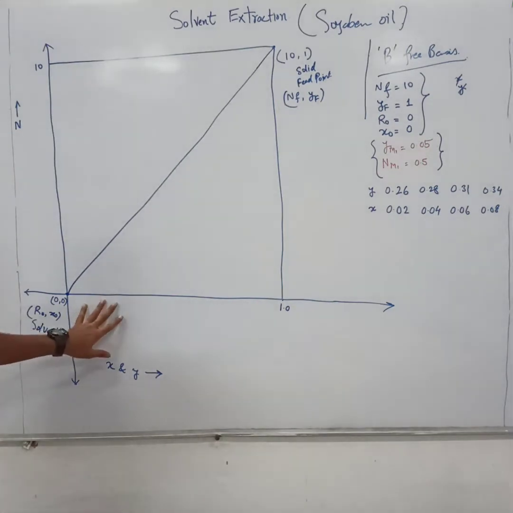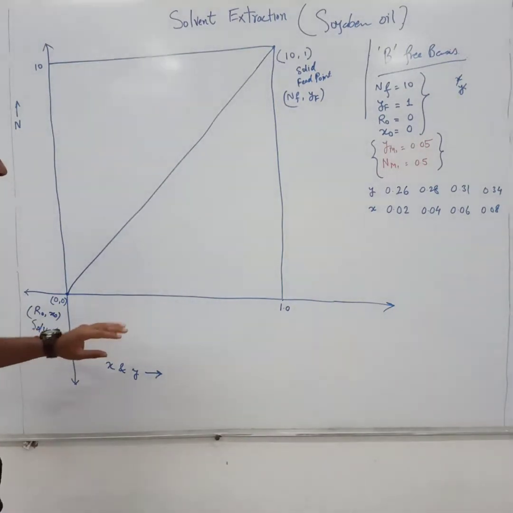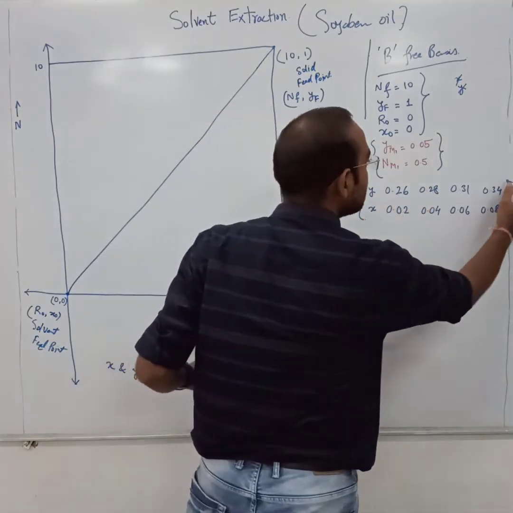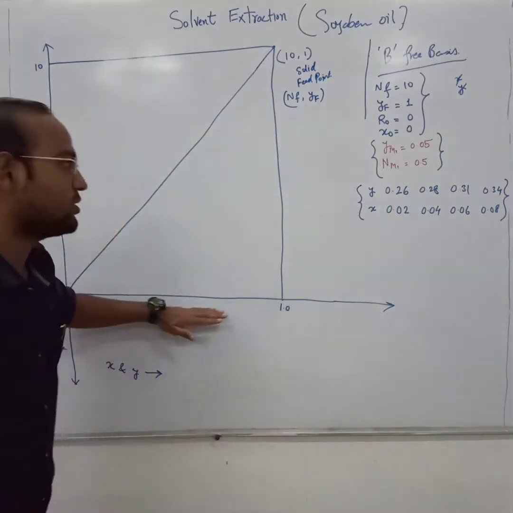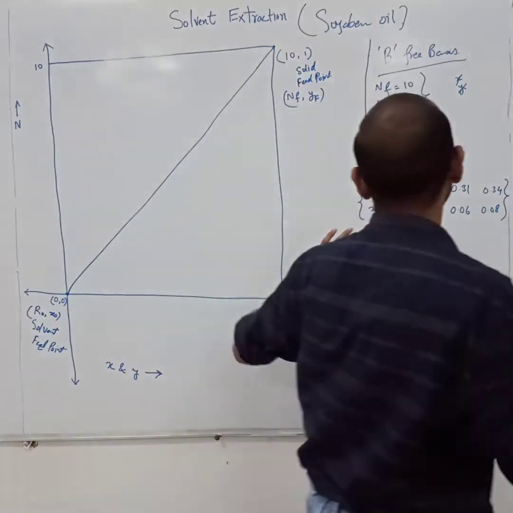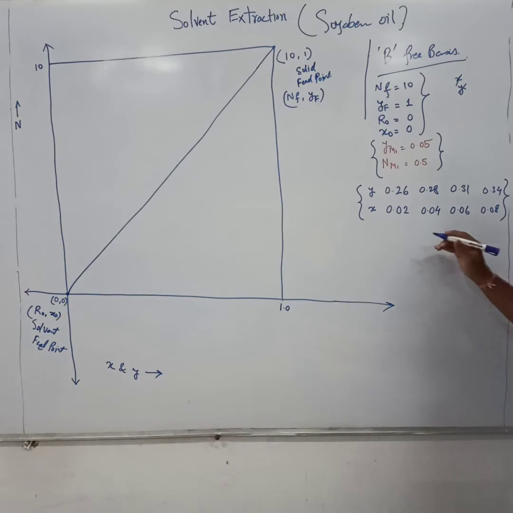Okay, now just focus on the x-axis, the horizontal axis. We need to plot these two values on a single axis. So initially we have to find a symmetrical scale between them, because all the values of x, that is 0.02, 0.04, 0.06 and 0.08, are lesser than 0.1.